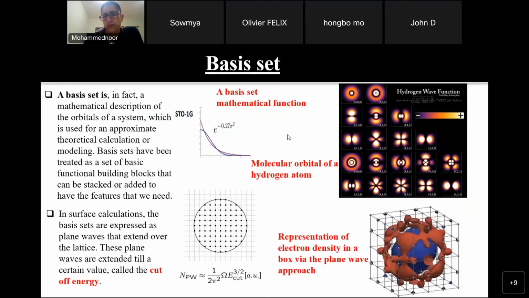Basically, it's like a linear combination of the molecular orbitals, and the larger the basis set, the more accurate the results are. However, the slower the calculations are. So there is a trade-off between accuracy and cost. Cost means the computational time.